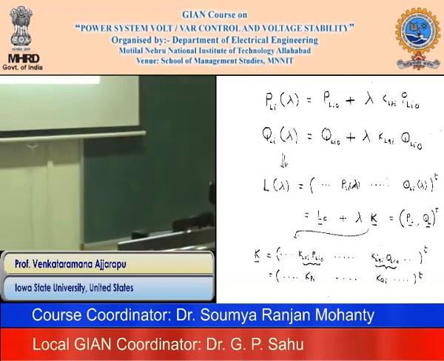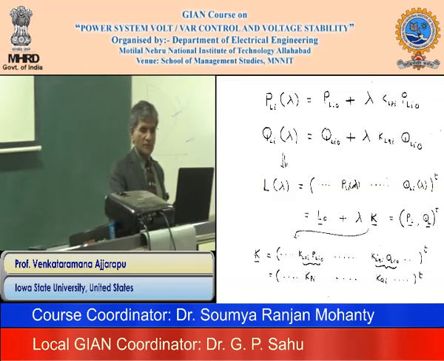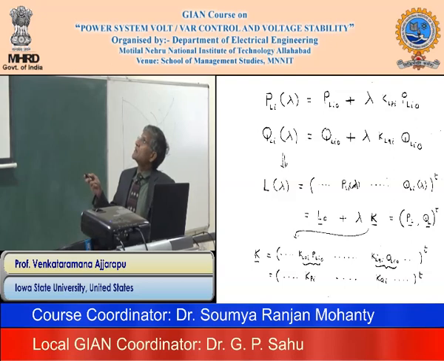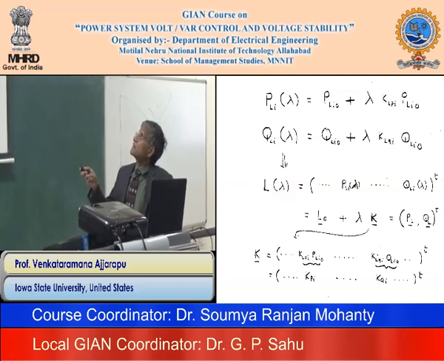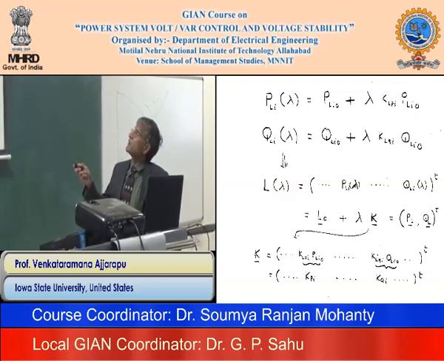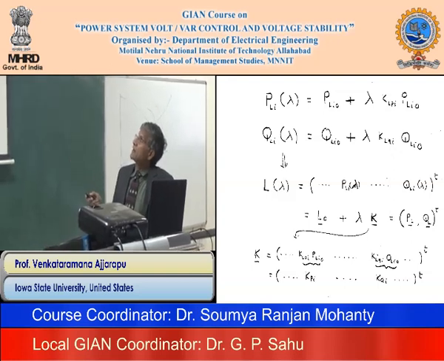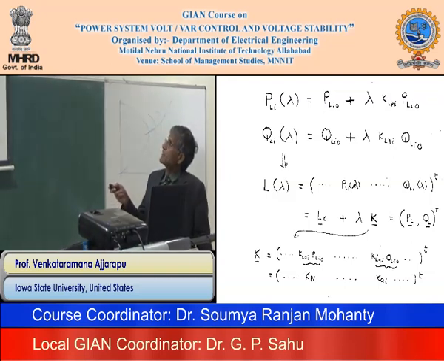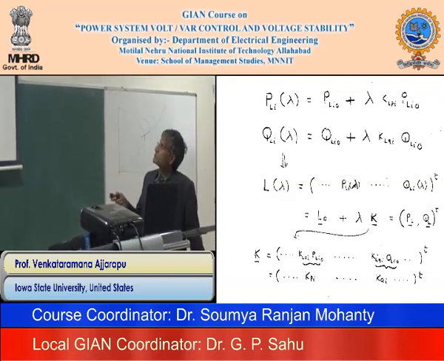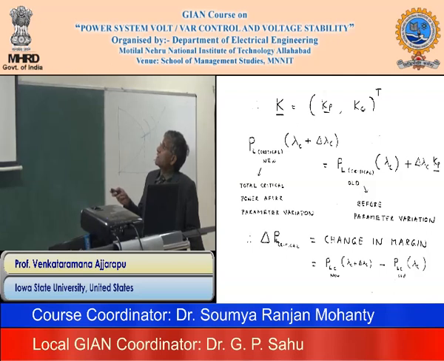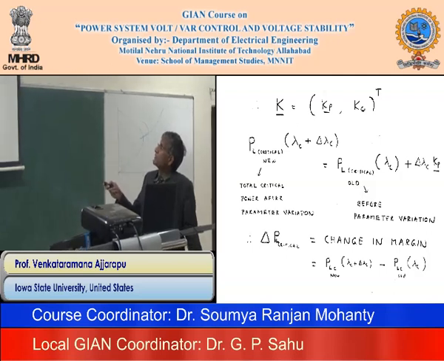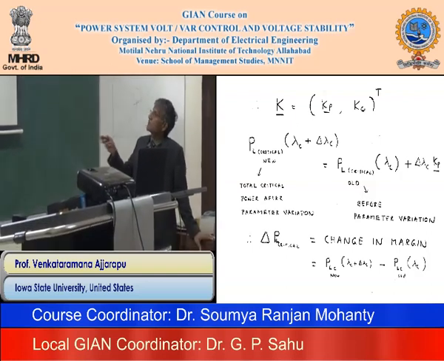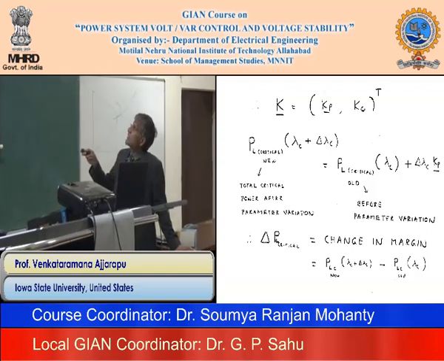So KLI, PLI 0, that's the KPI I mentioned, and KQI. And then K I can define as a vector. One corresponds to the real powers, one corresponds to reactive powers. And if I want to know PL critical at lambda c plus delta lambda c, so the PL critical value before parameter variation plus delta lambda c times K. So that's the K we are talking about here.